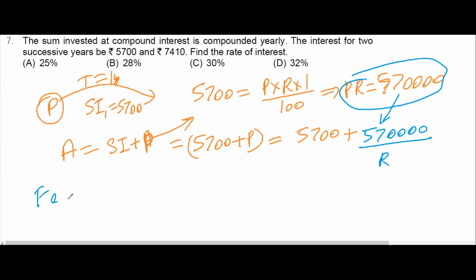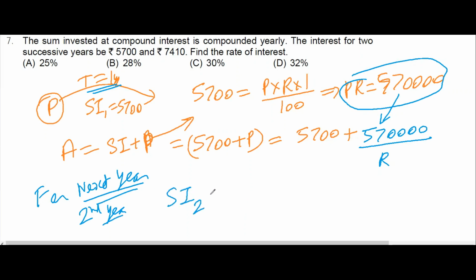So for the next year, the interest of 2 successive years. So 1 year is done, and for the next year, means for the second year, my simple interest 2 will be PRT upon 100. This time, what is my P? This amount will become my P for calculating simple interest for the second year.